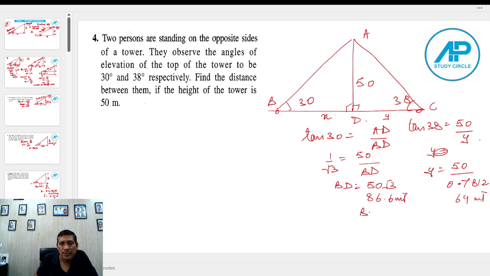So the total distance BC is 86.6 plus 64 meters. So what I got as the answer is 150.60 meters. This is the distance between B and C, standing on both sides of the building and observing the top of the building.